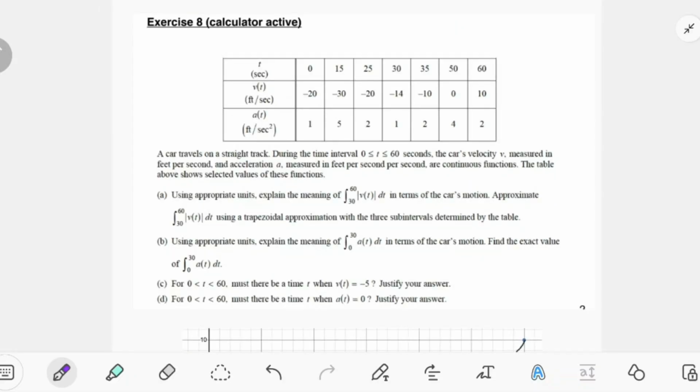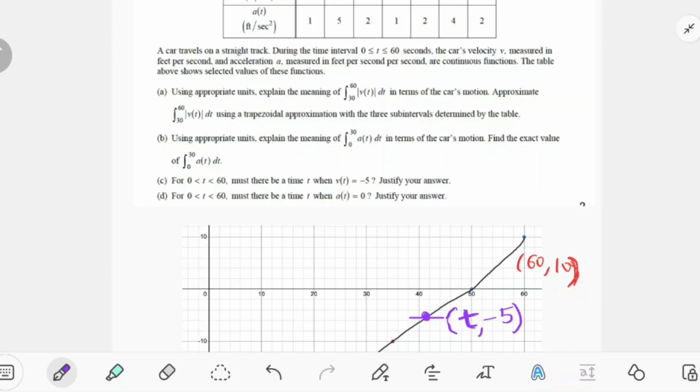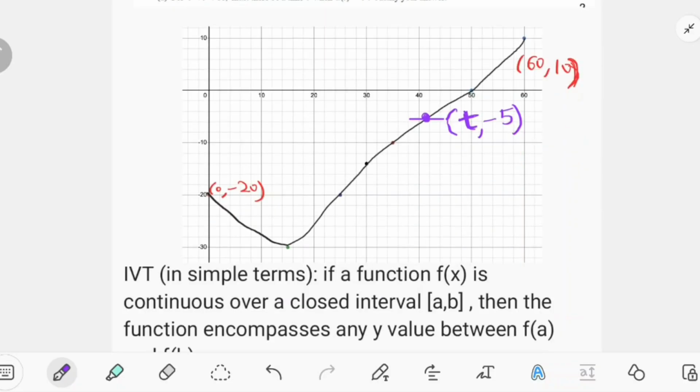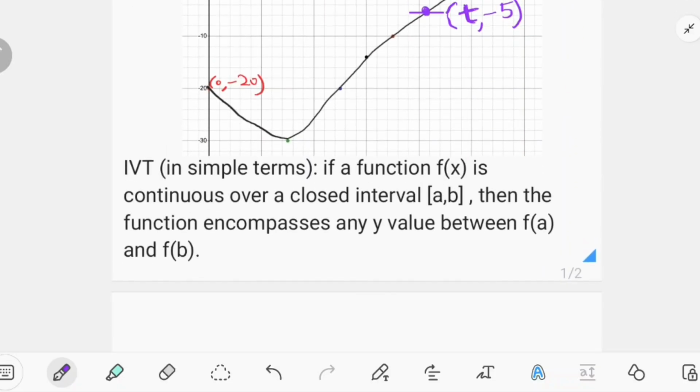Part C. For t between 0 and 60, must there be a time t when v of t is equal to negative 5? Justify your answer. According to the intermediate value theorem, if a function f of x is continuous in the closed interval a to b, then the function encompasses any value between f of a and f of b.